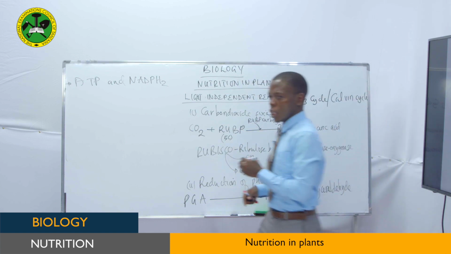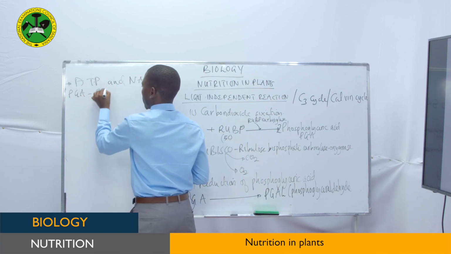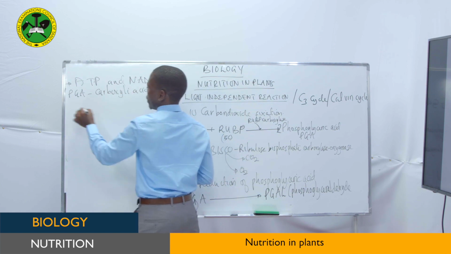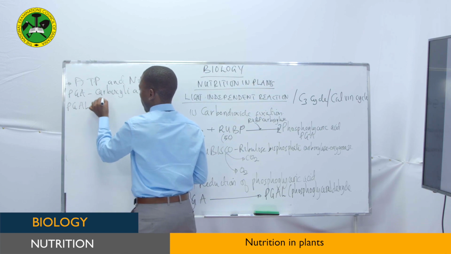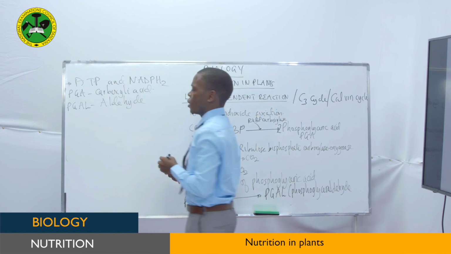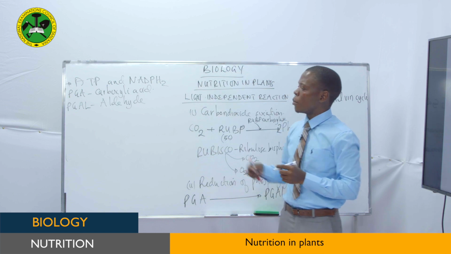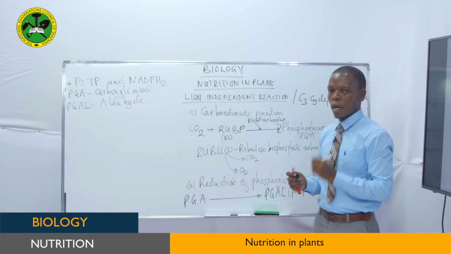Principally, PGA is a carboxylic acid, and PGAL is an aldehyde. So NADP reduces, or removes oxygen from, PGA to form PGAL.